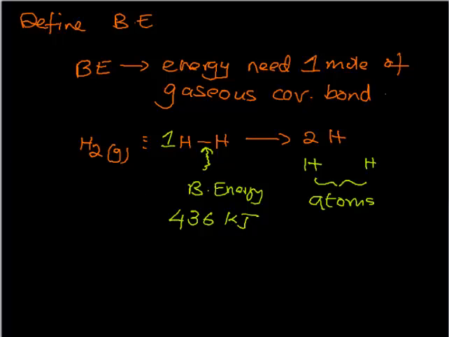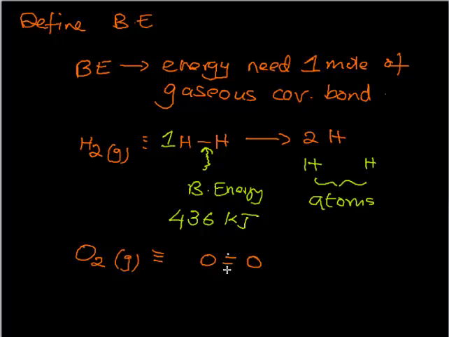If we take a second example, again in the data booklet, you would have O2. O2 exists in the gas state, in the form of O double bond O. It doesn't matter how many bonds we have here. What matters is the energy that we need to overcome those bonds at the same time.